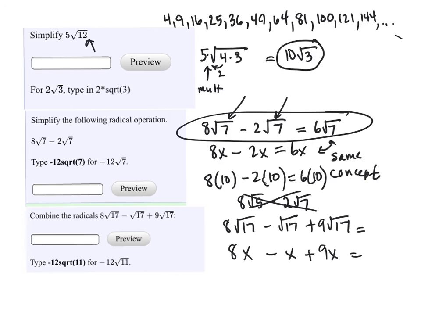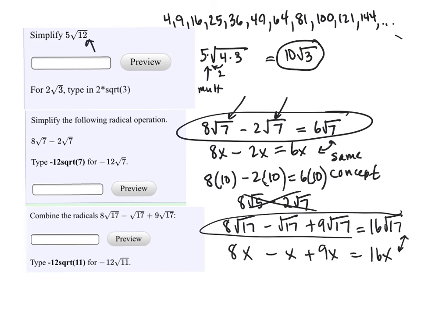So if I said 8x minus x, that'd be 7x. 7x plus 9x is 16x. And so up above, 8 root 17 minus root 17 is 7 root 17, plus 9 root 17 is 16 root 17. Again, these two are the same concept, but we're working with roots.